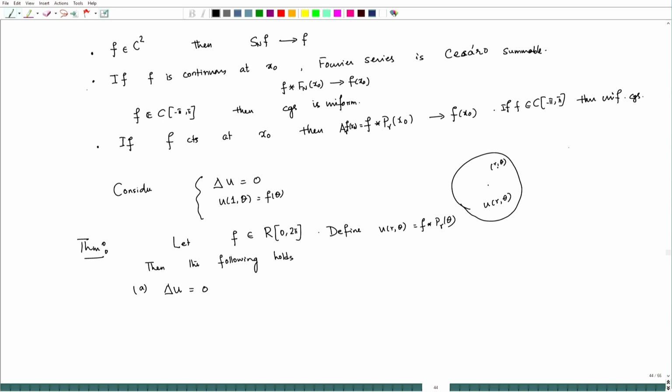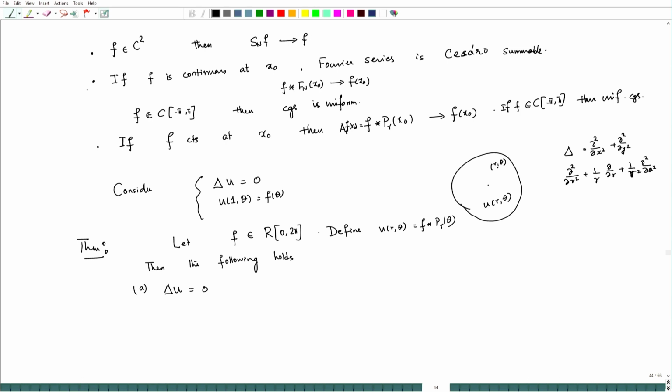Recall that the Laplacian operator in Cartesian coordinates in R 2 looks like the sum of second partial derivatives, and in polar coordinates this is del square by del r square plus 1 by r del by del r plus 1 by r square del square by del theta square.